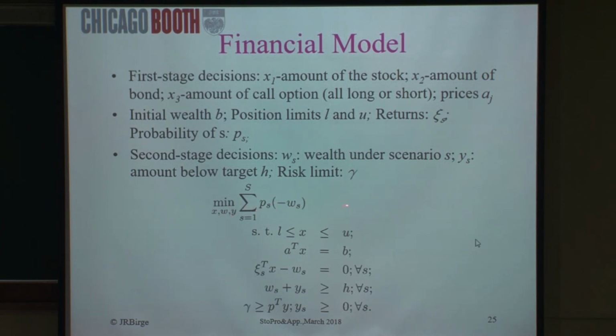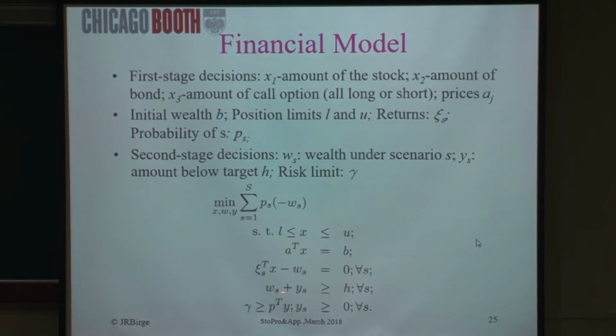So I maximize expected wealth, I invest everything I have, and then I get my wealth back in the future from these different returns. If my wealth is above the target, I don't have any penalty.